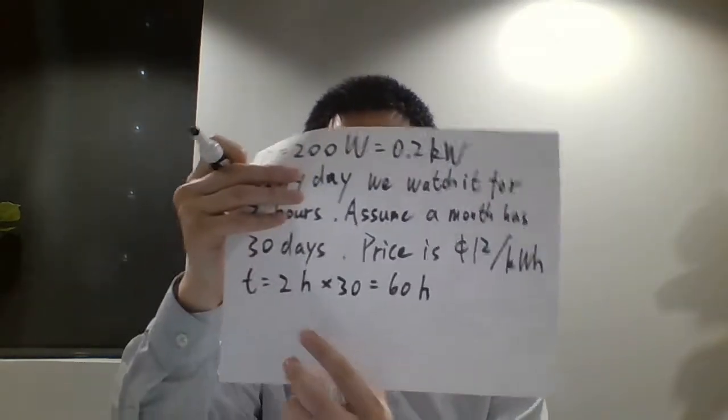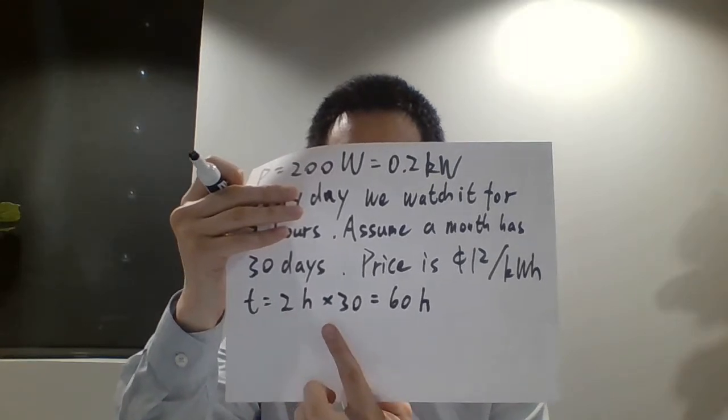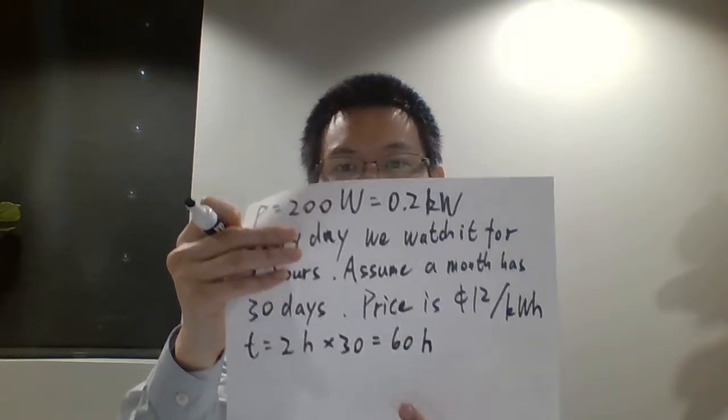And T equals 2 hours times 30 days. That's how many hours you watch your television in a month, which is 60 hours.